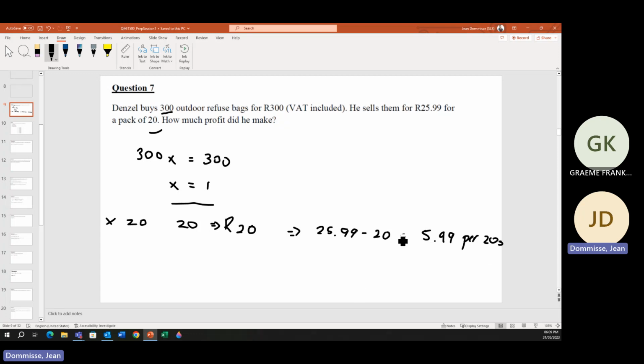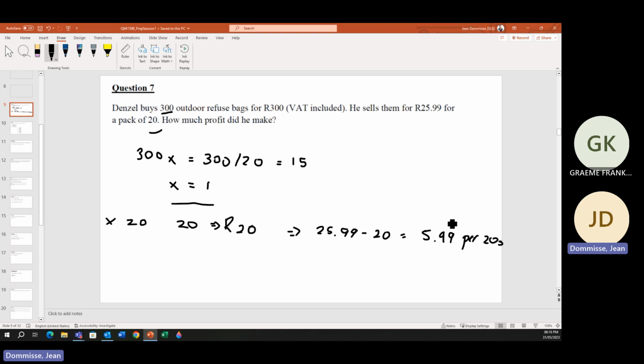And then to get to the 300 bags that he got, that would be 300 divided by 20 to see how many packs he does get. So if you say 300 divided by 20, he actually is making 15 packs.